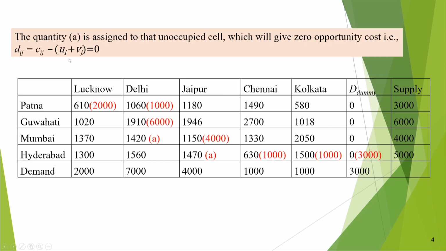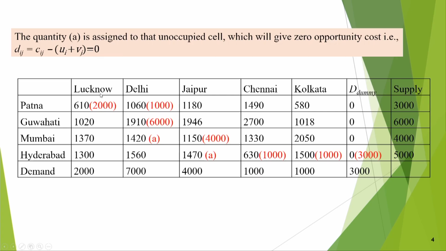We indicate them by ui and vj. They are basically multipliers, and ui is associated with each row, that means with each factory, and vj is associated with the destinations.